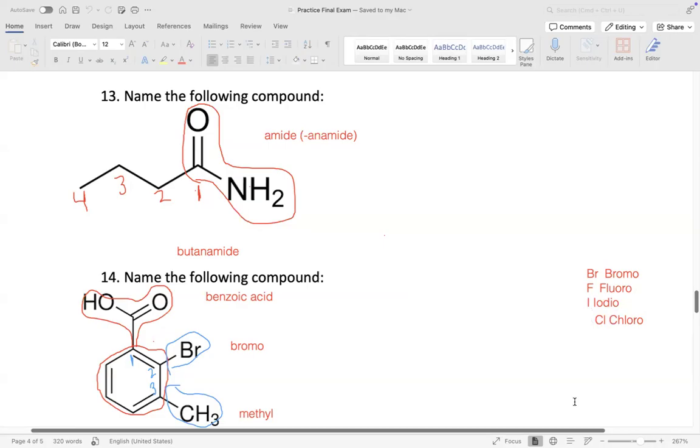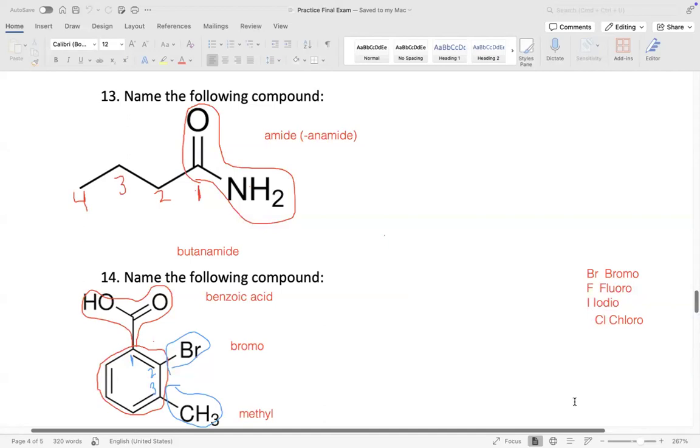So benzoic acid, going back, covers everything that's circled. Now we just need to list our branches. We have 2 different branches, so I have to figure out which one to list first. This takes us back to the first or second question we did when we have 2 different branches: we list them in alphabetical order.